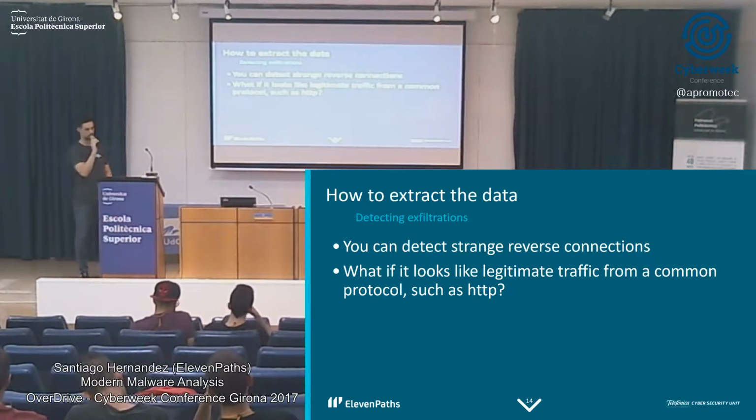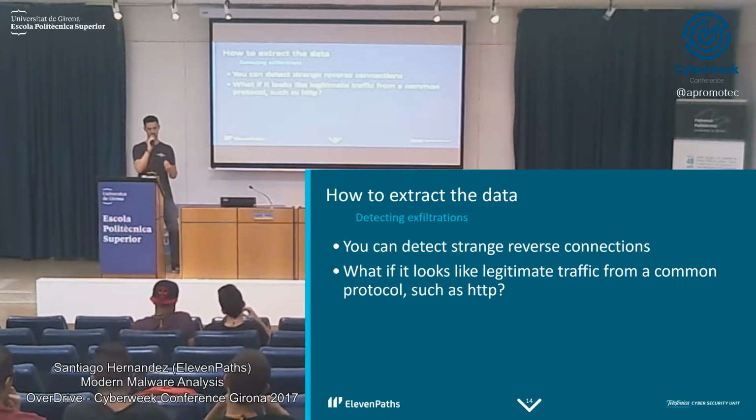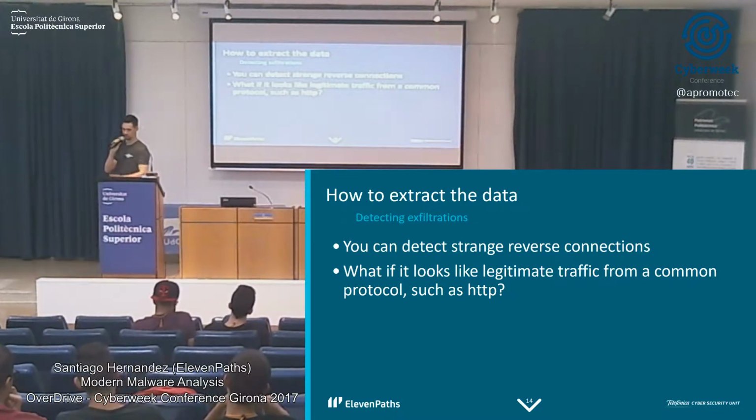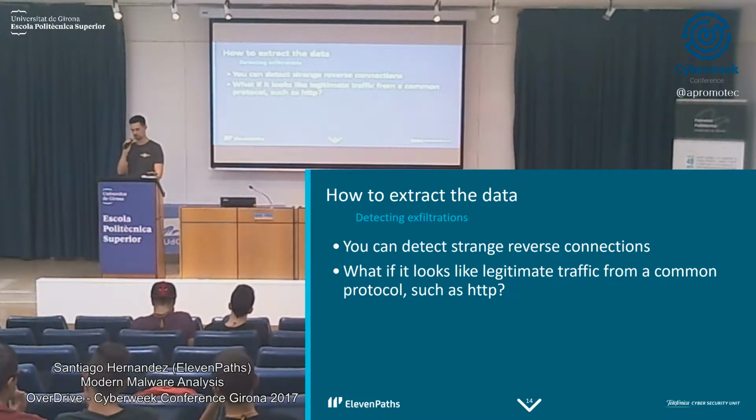If it's a ransomware attack, it can be used to open that back channel and release the ransomware that will cipher the disk or something like that. The problem here is that you can detect, for example, some reverse connections that are strange, but sometimes attackers use reverse connections that look totally legitimate. So it's very difficult to detect that.